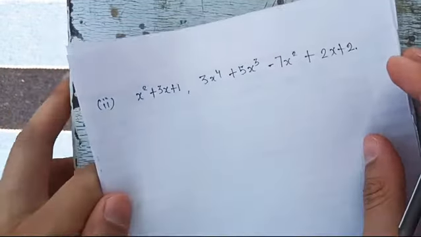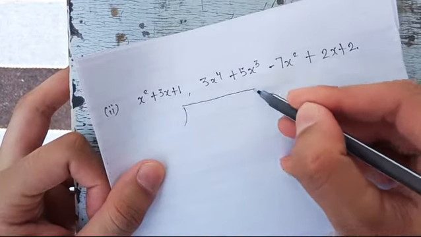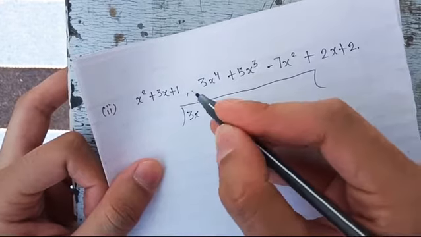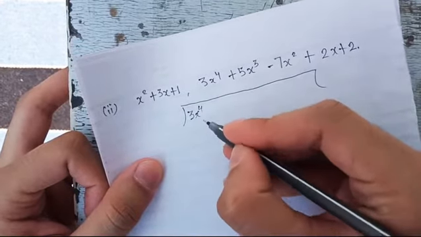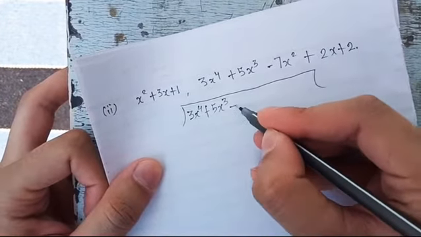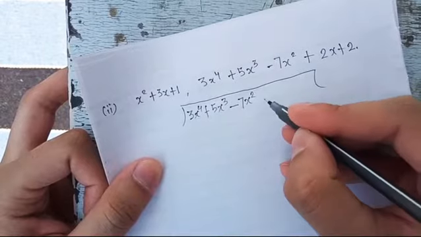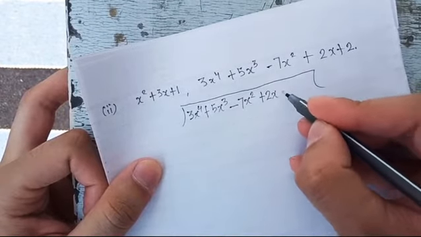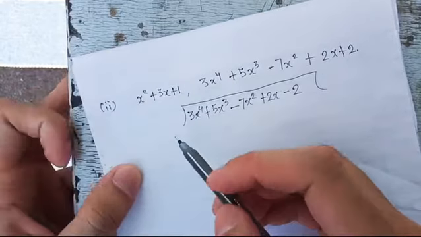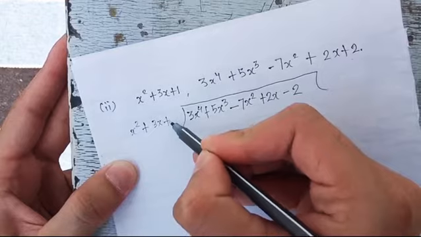Okay, so again we will divide. 3x to the power 4 plus 5x cube minus 7x square plus 2x minus 2. Okay, and the divisor we will write here, x square plus 3x plus 1.